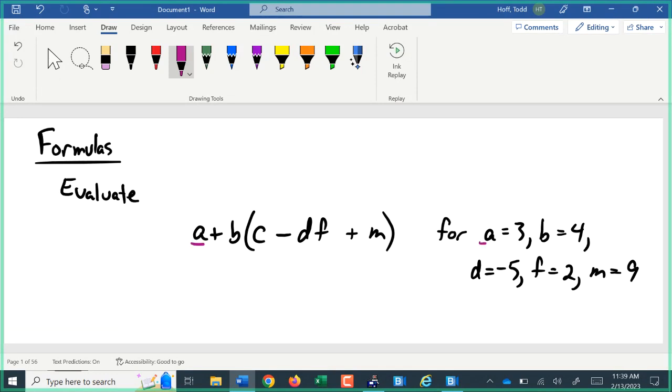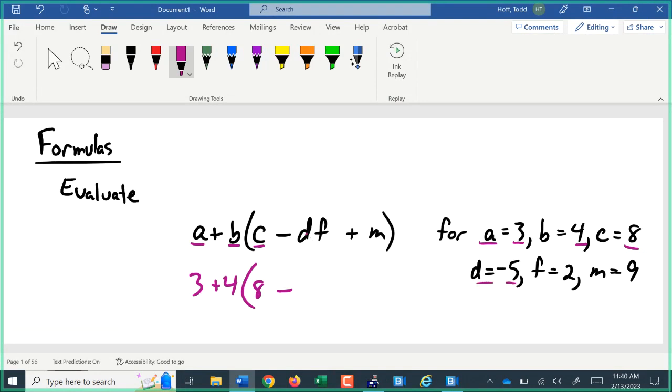So instead of a, we're going to put in 3. Plus, instead of b, we're going to put in the 4. Parentheses, instead of c, we'll put in, oops, I didn't get the c up there, sorry. C equals 8. Instead of c, we put in the 8. Minus d, instead of d, we put in negative 5.